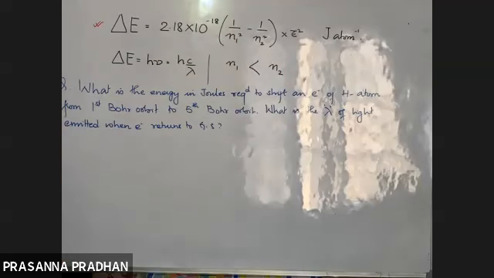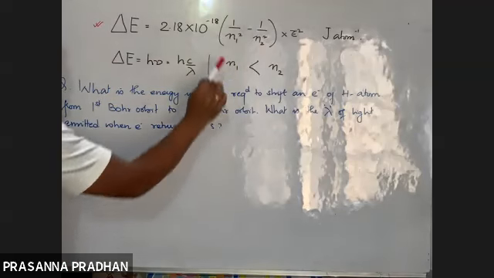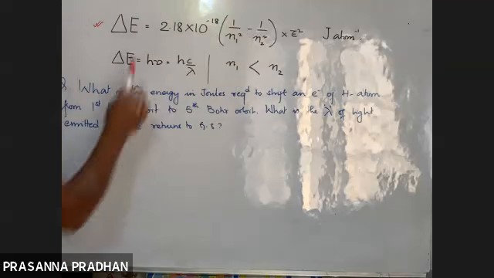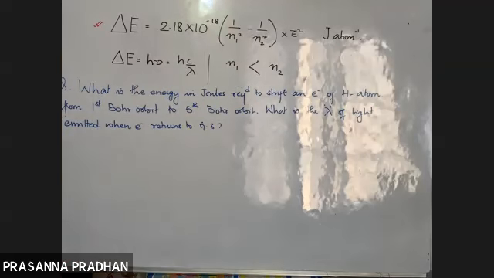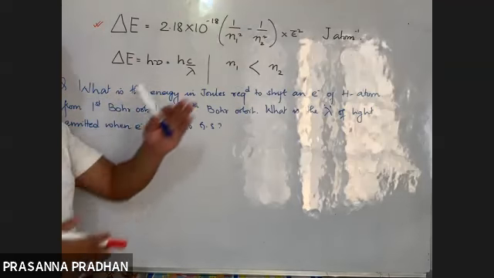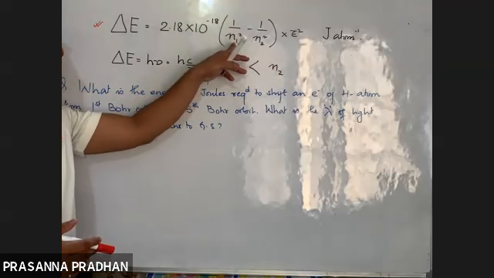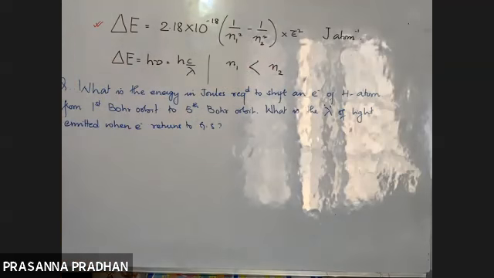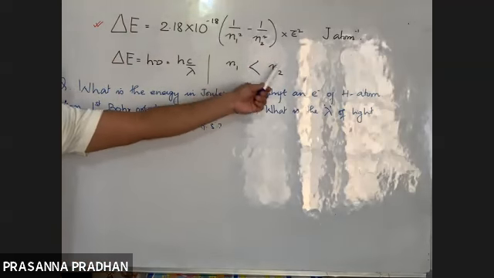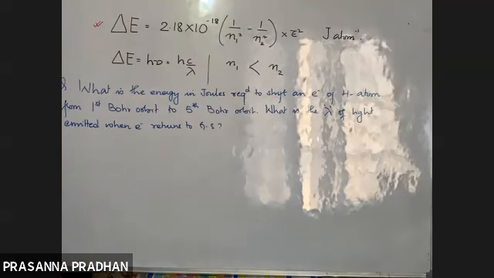So delta E is the energy required when an electron makes a transition from lower to higher, or conversely, delta E is the energy released when an electron makes a transition from higher energy level to lower energy level. Here N1 denotes the lower energy level and N2 denotes the higher energy level.